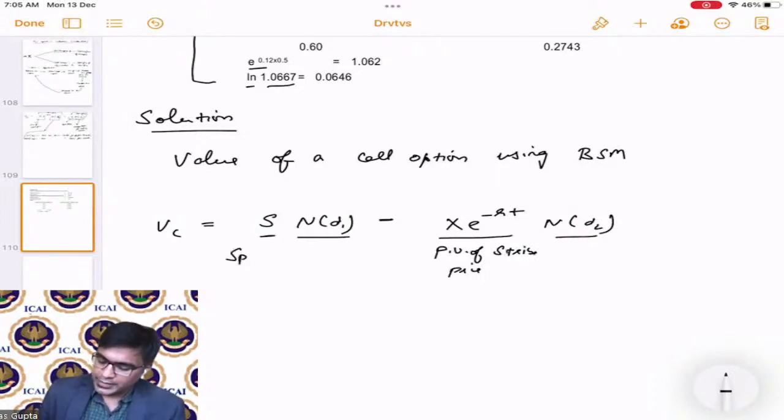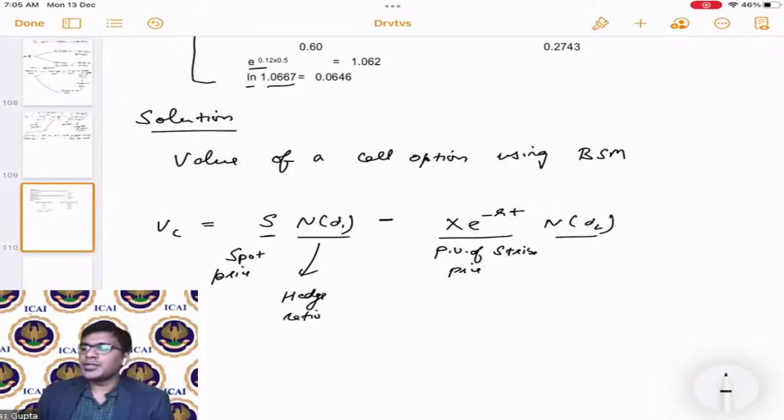This is the spot price. This is also called the hedge ratio. Why? Because this will tell us that to write one call option, how many shares we have to purchase.